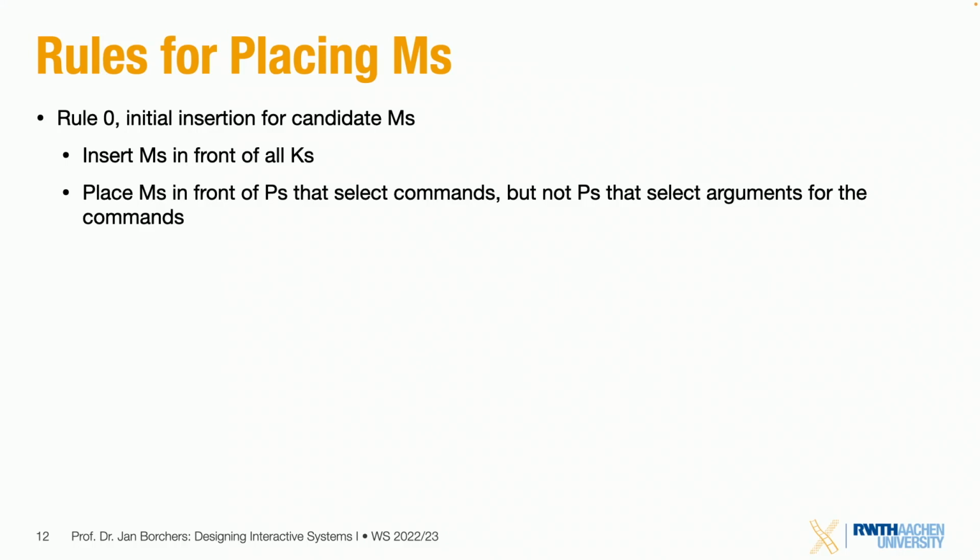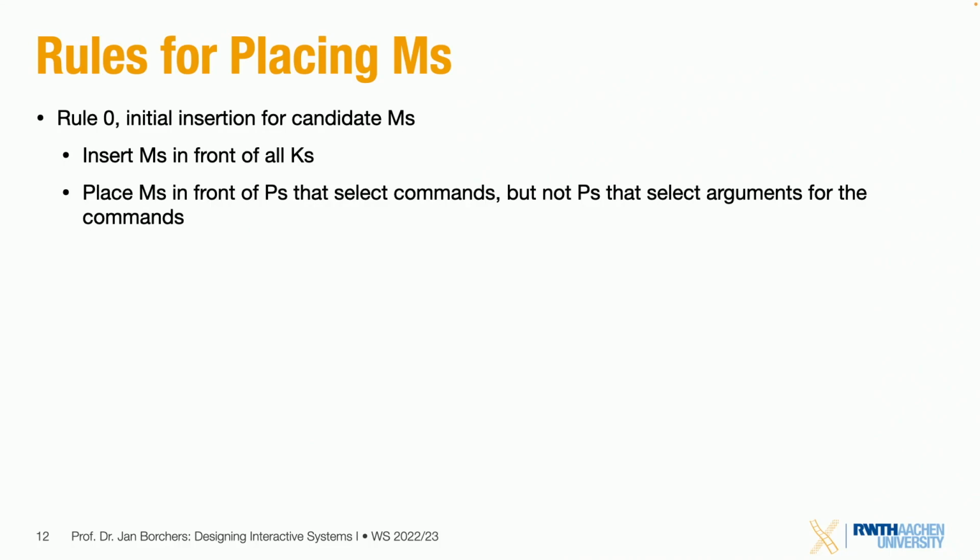A pointing that selects commands. I don't point to ls when I'm typing, right? But when you, for example, have Photoshop open and you point to the line drawing tool, the line drawing tool is like a command, right? That's a command you give to the computer to select the line drawing tool. Or when you pick a menu from a drop-down menu.